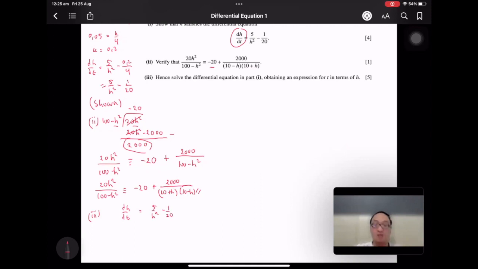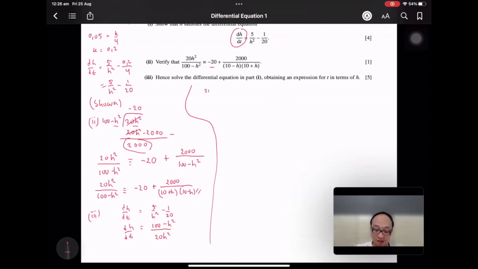So I have to move the h squared to the right side. So I have to change the form first. I make the denominator the same. So it's 20h squared over 100 minus h squared, dh/dt. And then I can move it to the left.